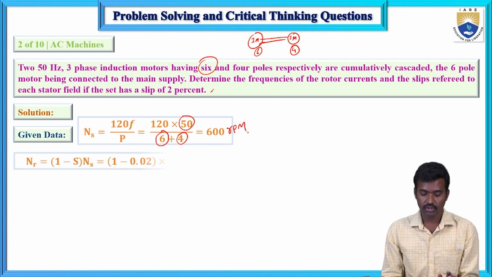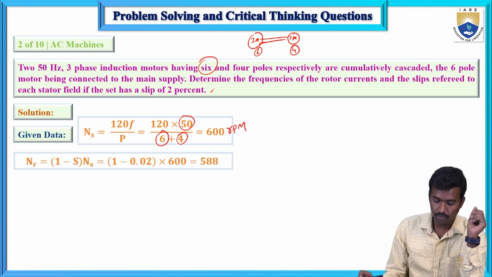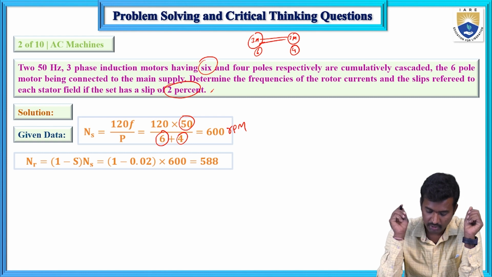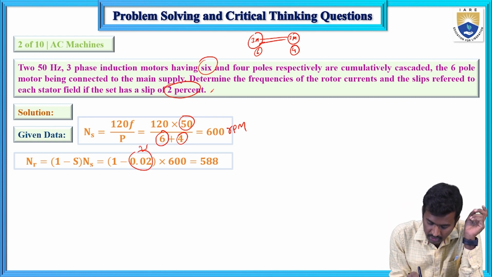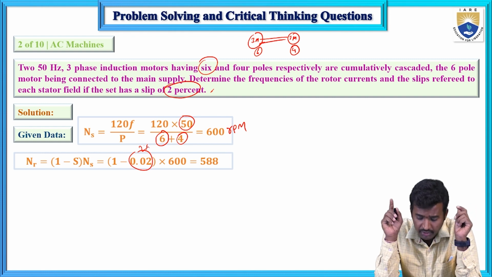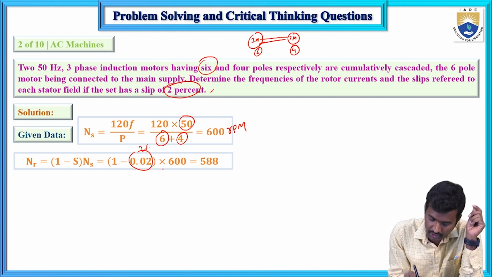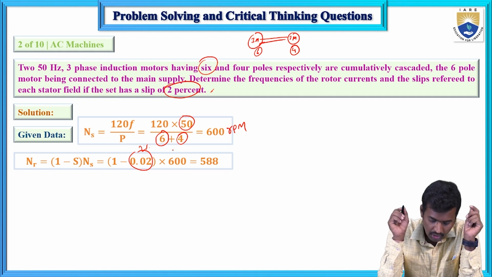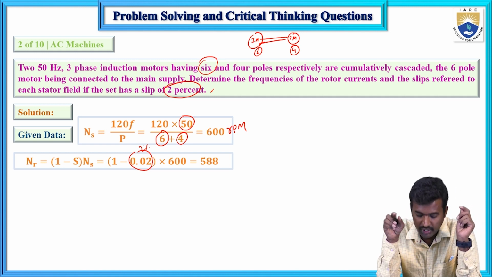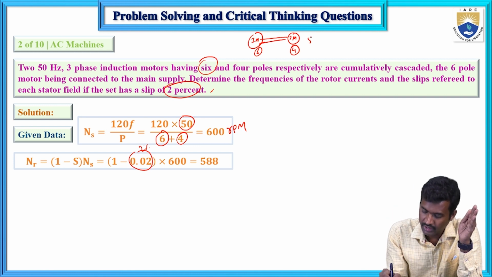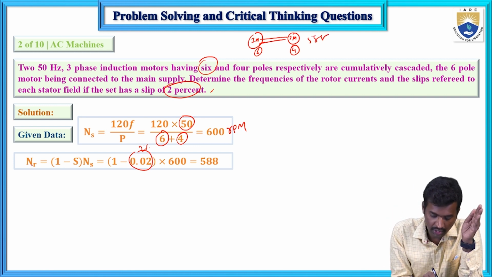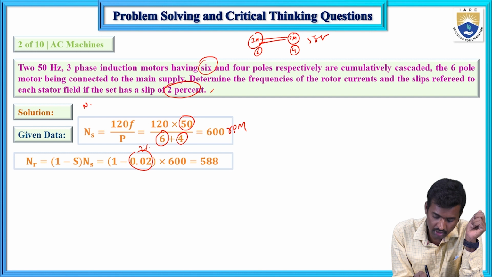Now the slip value is 2%, that is 0.02. We know the synchronous speed is 600 rpm, and the running speed of this entire set is 588. If you substitute in NR equals 1 minus S into NS, this is the formula we already discussed.